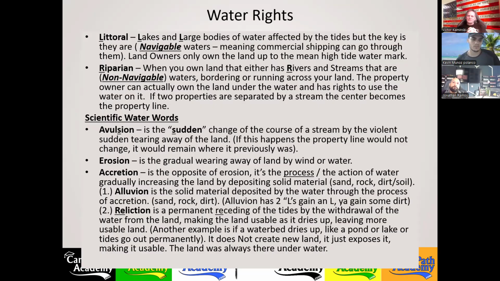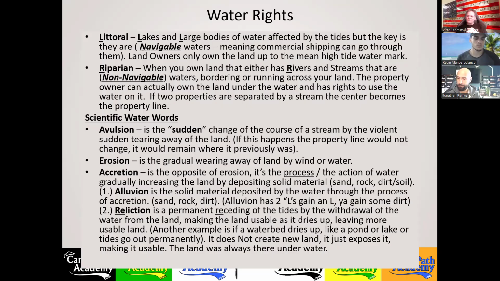Accretion is the opposite of erosion, because erosion's the gradual wearing away of land by wind or water. Accretion is an increase of land by the water.